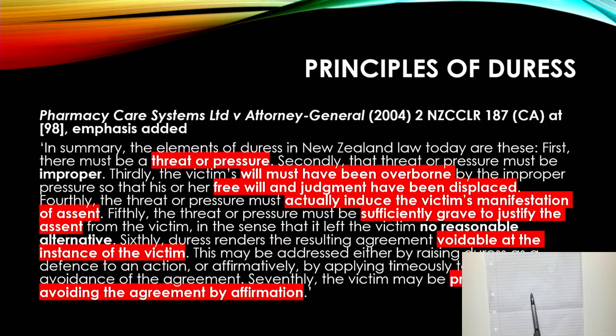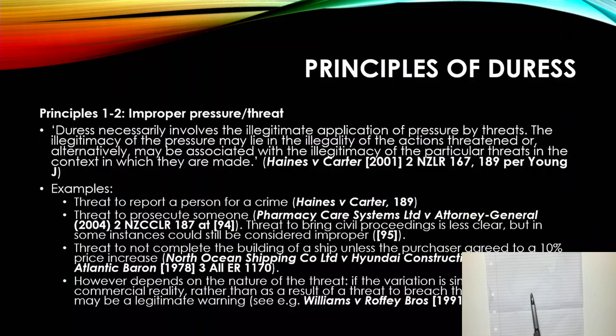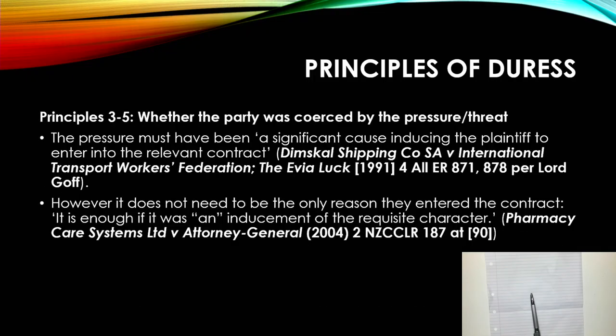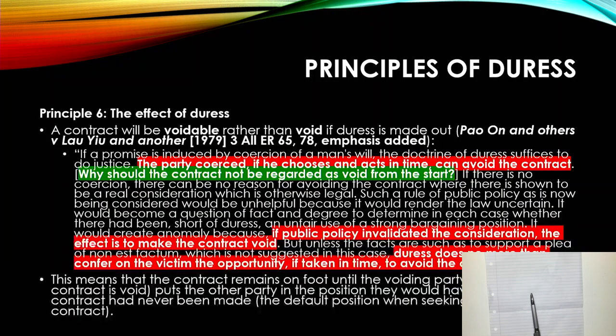Okay? Now, pharmacy care sets out what we say are 7 steps, or rather these are 7 descriptors of the duress process. They really can be boiled down into 3 broad categories, right? One is the nature of the threat, principles 1 and 2, whether they were coerced by the threat, principles 3 to 5, and then what's the effect, okay?